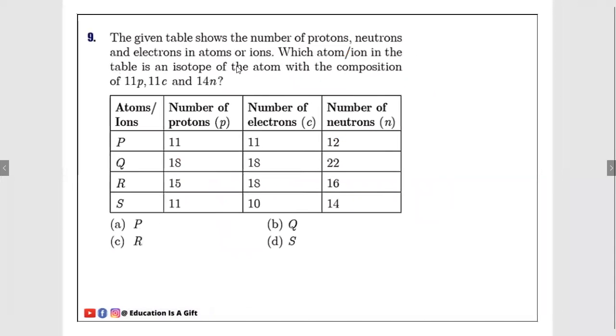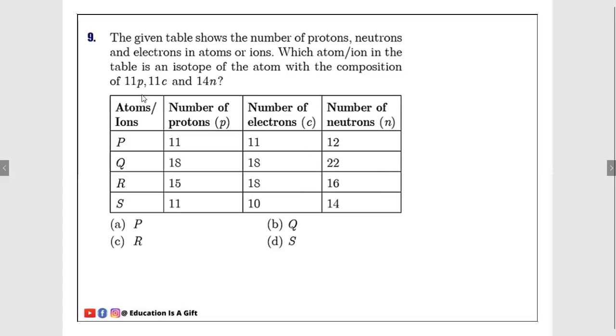Number 9. The given table shows the number of proton, neutron, and electron in atom or ions. Which atom or ion in the table is an isotope of the atom with the composition 11 proton, 11 electron, and 11 neutron? Okay, let us try to understand what they are asking. They gave some table with electron, proton, neutron count of an atom or ion.